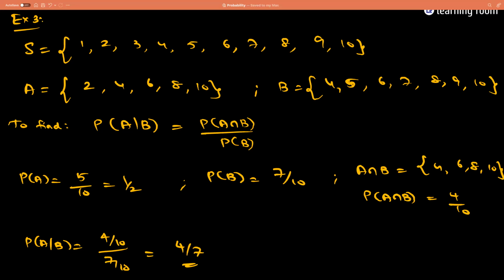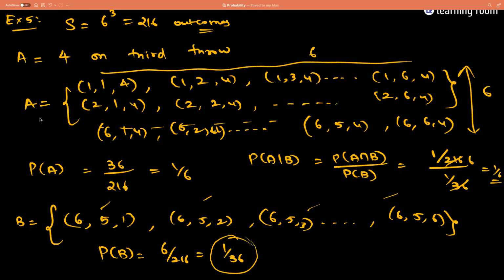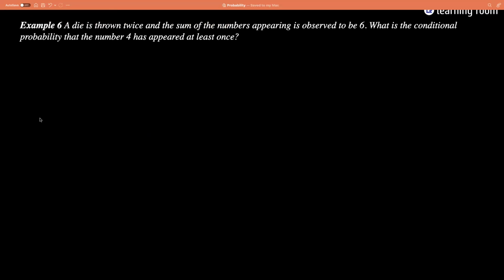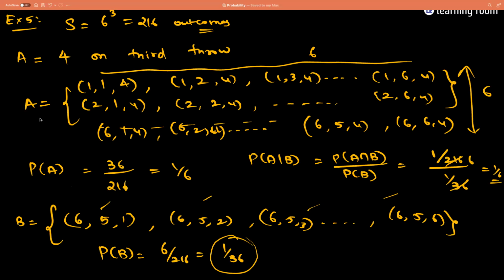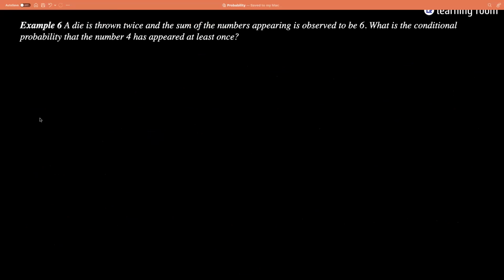We completed example number 4, 5. We have completed till example number 5, right? We are supposed to start with example 6. Shall we get started?